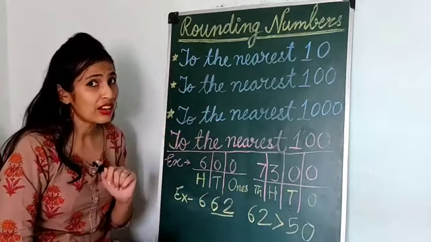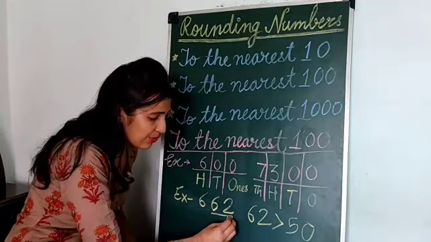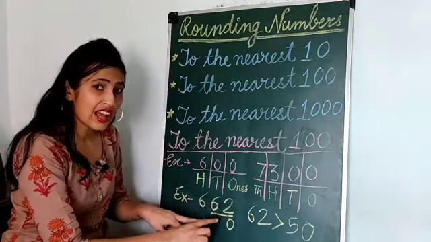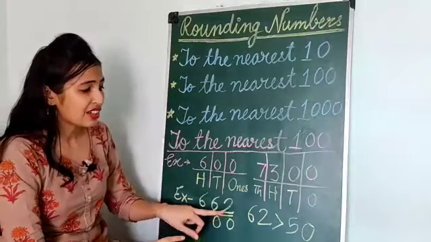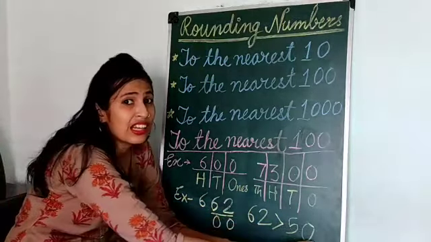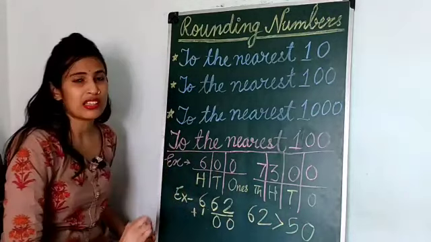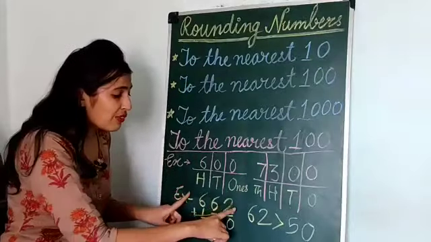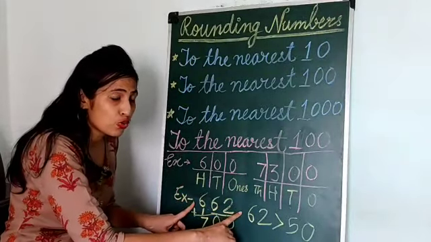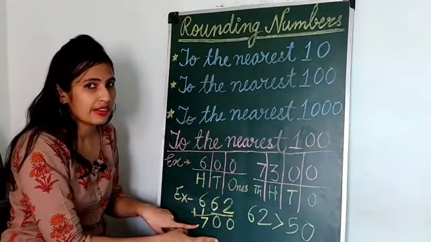So what do we have to do? We write 0 in the ones place and 0 in the tens place. And because 62 is greater than 50, we add 1 in the hundreds place. The number would be 700. So when we round off 662 to the nearest 100, the number will be 700.